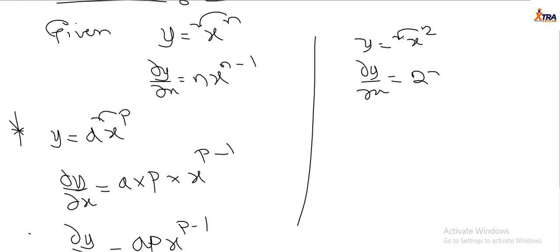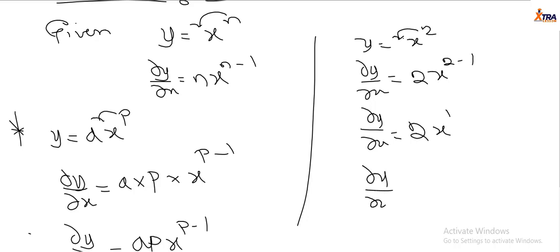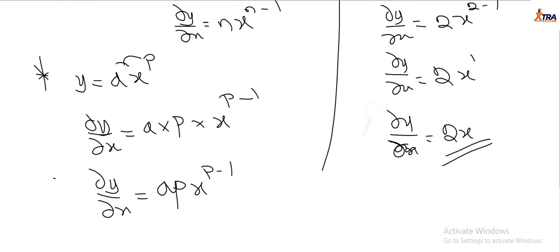We are having 2 x to the power 2 minus 1. So dy over dx will now be 2 x to the power 1, which is dy over dx equals 2x. So that's how to differentiate with respect to x.